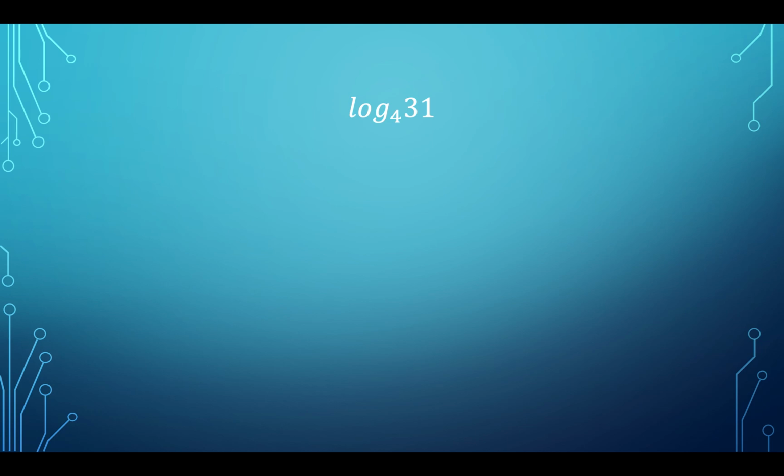Now let's try this one. Log base 4 of 31. Okay, well, we knew 4 to the 2.5 power gave us 32. So 4 to what power is going to give us 31? So the way to do that, same thing, log 31 divided by log 4, and we're going to get a decimal.